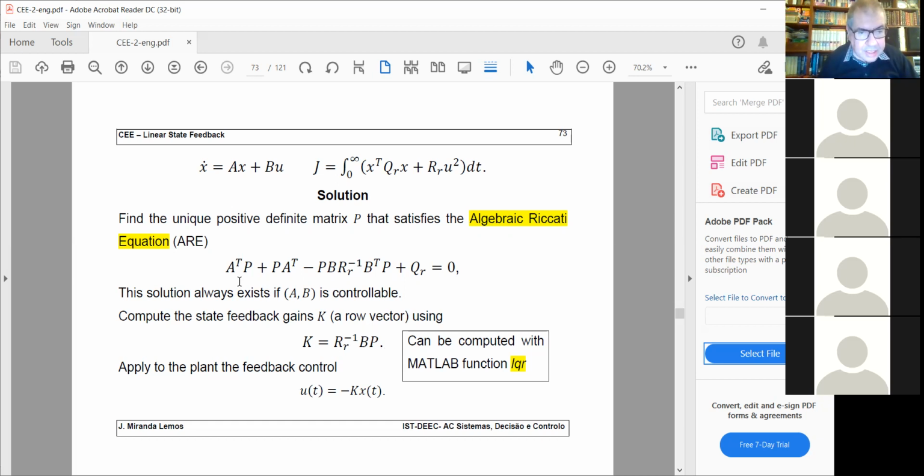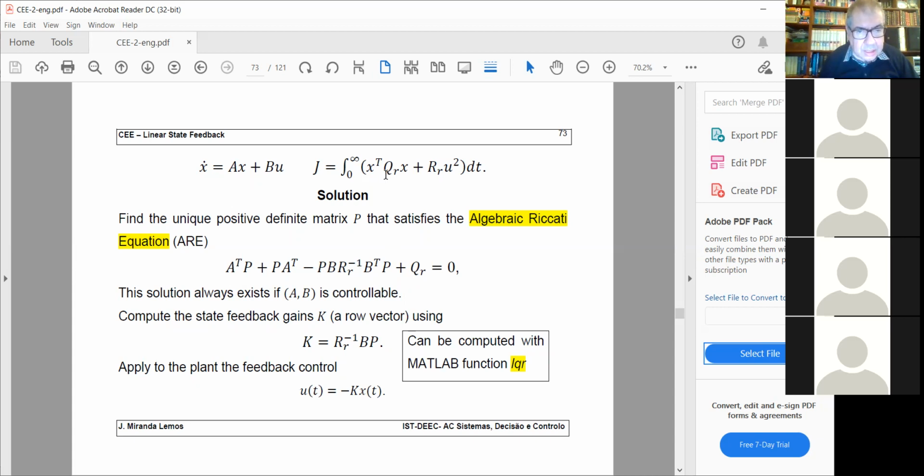And P satisfies this equation. Here, you see, it's an algebraic equation. The new thing is that it's a matrix algebraic equation. It's called the algebraic Riccati equation, or ARE, ecuación algebraica de Riccati. And you see here that you have some linear terms. You have here a quadratic term because P multiplies P in this term here.